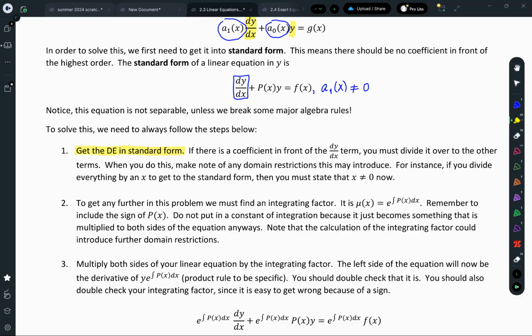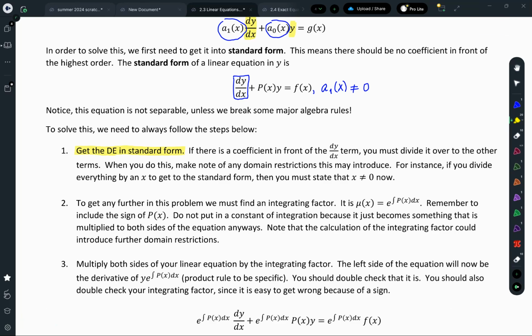If there's a coefficient in front of the dy/dx term, you're going to have to divide it over to the other terms. And when you do this, make note of any domain restrictions this might introduce. So just for an example, if you were to divide everything by an x to get to the standard form, then you must state that x cannot be 0 now, okay? So that's our first step.